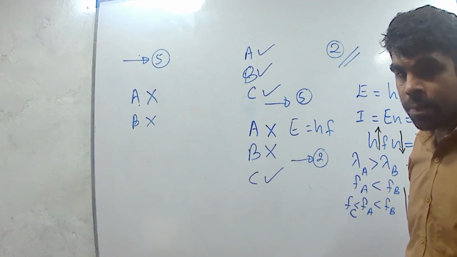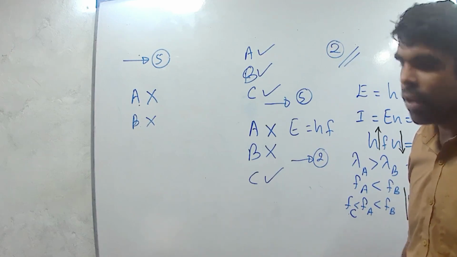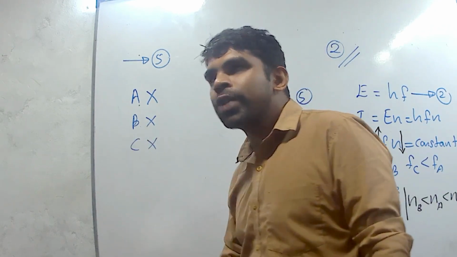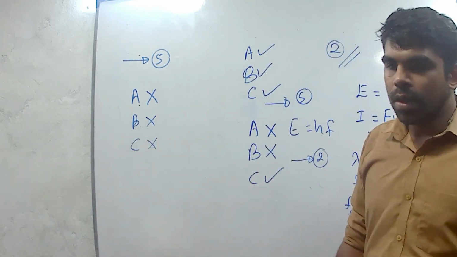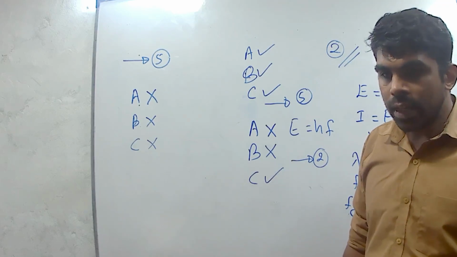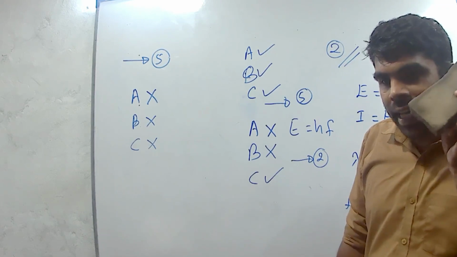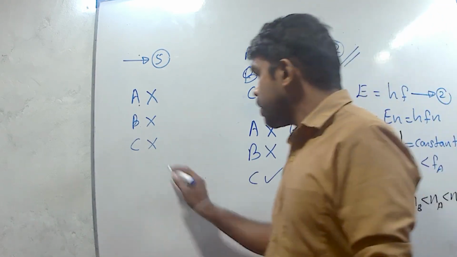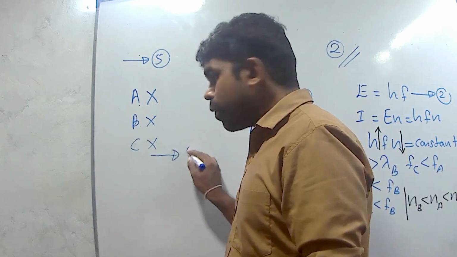Then part C, both waves can be polarized. We can't polarize longitude waves. Ultrasound waves are longitude, therefore we can't observe polarization. Then A, B, C are all incorrect. We have to select incorrect statements. Then the answer should be 5.